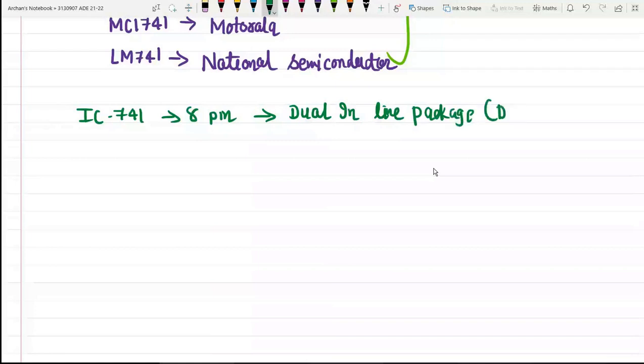Here we will go through the pin diagram of the IC.